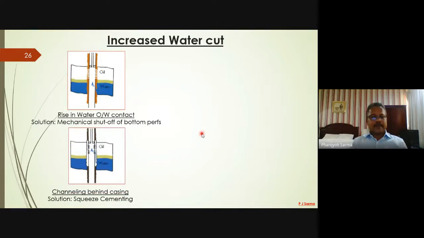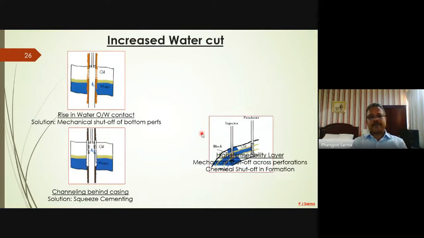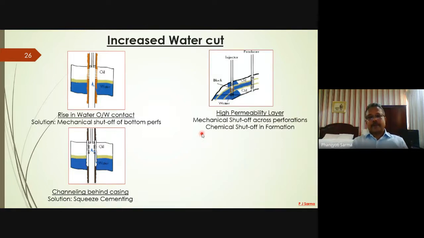Then channeling behind the casing. If there is channeling behind the casing, the cement is poured, but because of the channel, the water is migrating to the production and getting produced through the production perforation. What is the solution for that? Squeeze cementing. Then some wells are completed with high permeability layers.